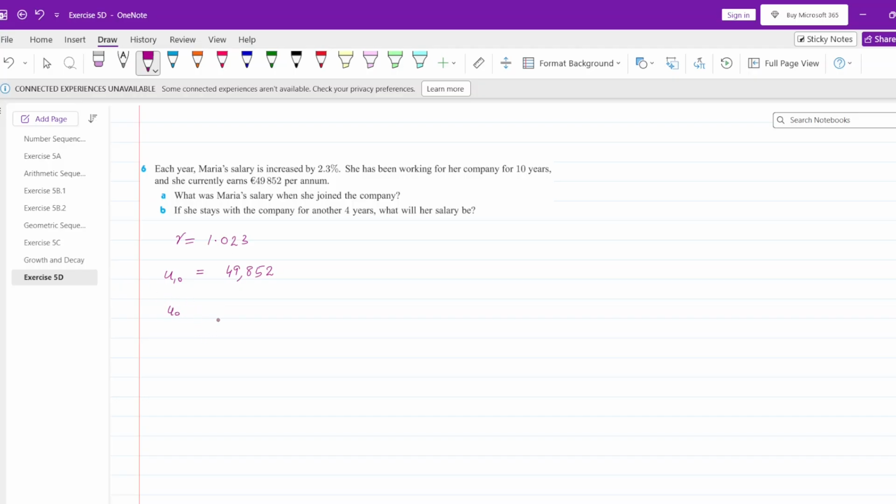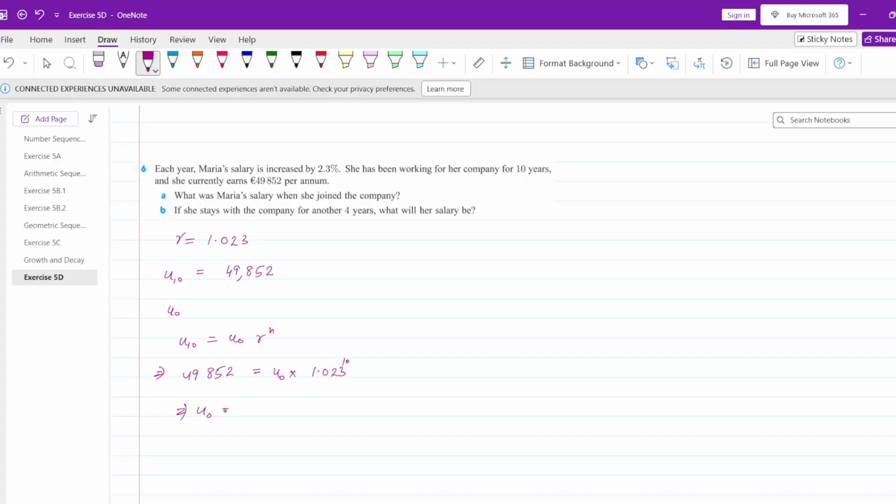We know U10 equals U0 R raised to the power n. So U10 is 49,852. U0 is unknown. R is 1.023 raised to the power n. n is 10.